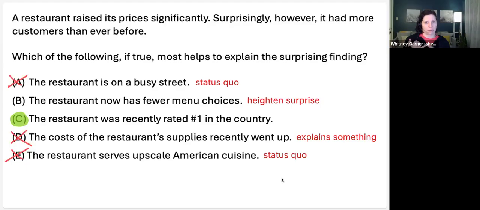Like, okay, so now it's expensive and there are fewer options. Are we sure that's a good idea? How's that going to explain people flocking to our doors? So we're looking for a few of these common trap wrong answers. But more importantly, what I am trying to find is if this thing were true, the surprise wouldn't be surprising anymore. It just wouldn't be surprising.